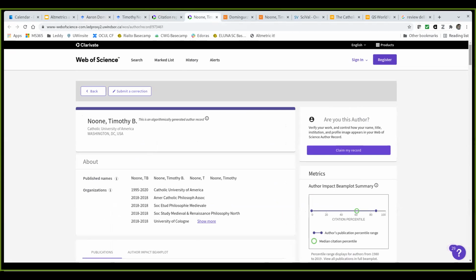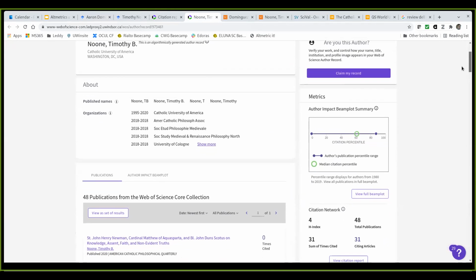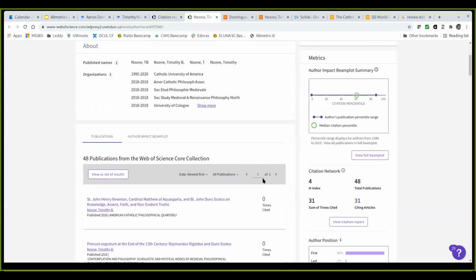Looking at Dr. Noon, here's his landing page as an author. And we see far fewer both publications and indexes and those things that are indexed, and his H index in here, because it's so monograph heavy, is only an H index of 4 because he writes far more in monograph length works.